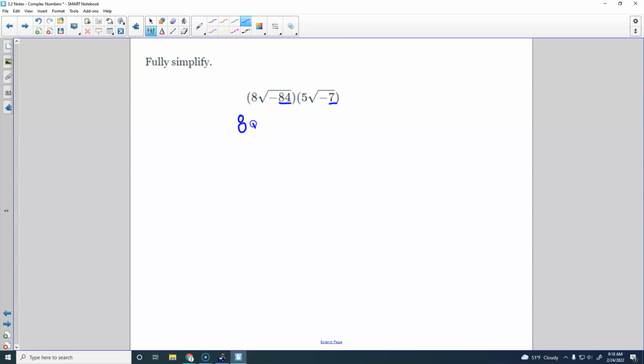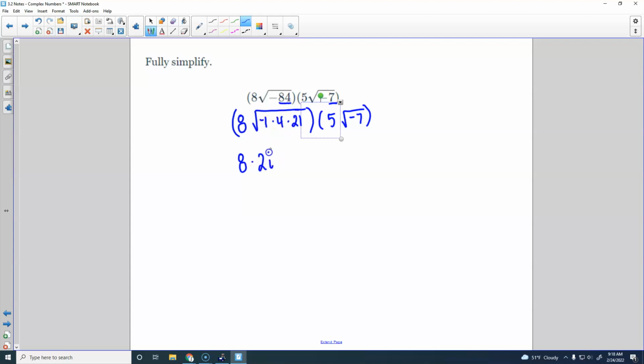8, I'll have the square root of negative 1 times 4 times, let's see, that'll be 21, times 5, square root of negative 7. So I'll get 8 times the square root of 4, which is 2.